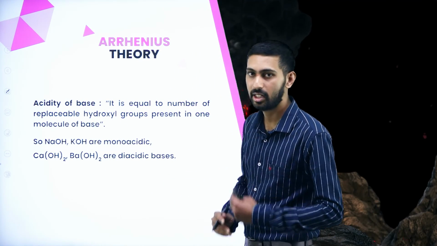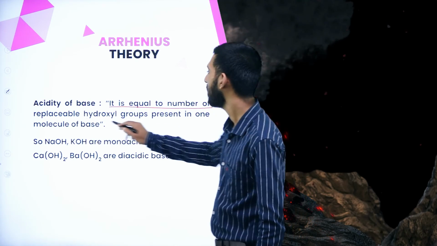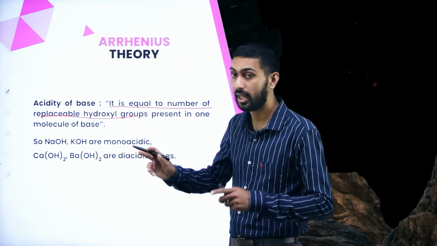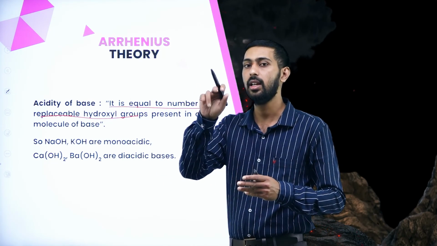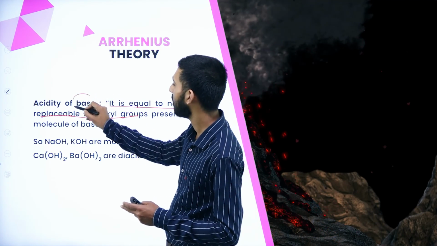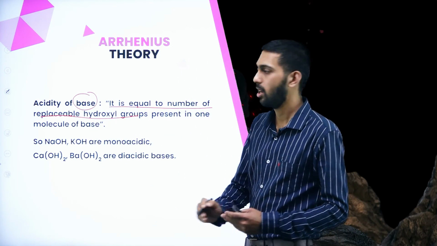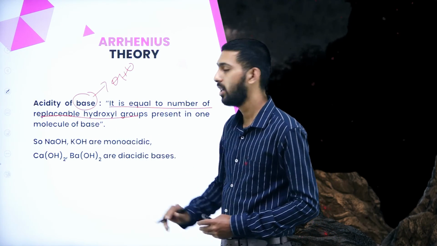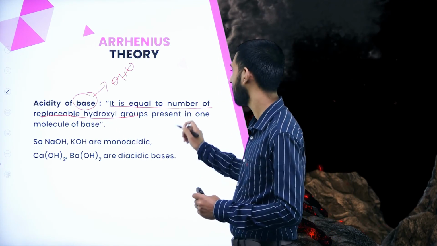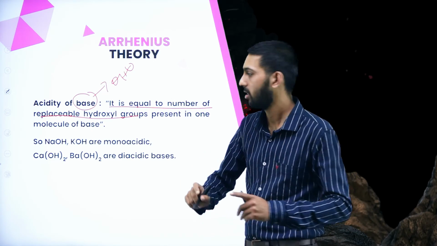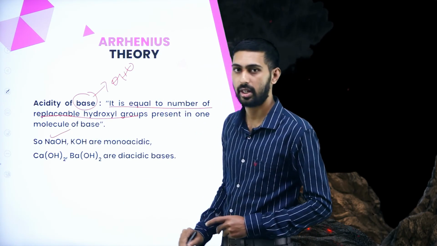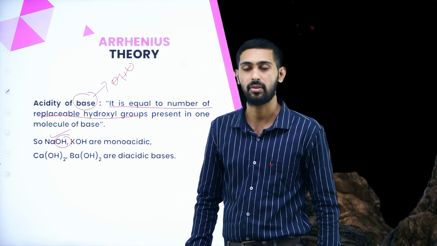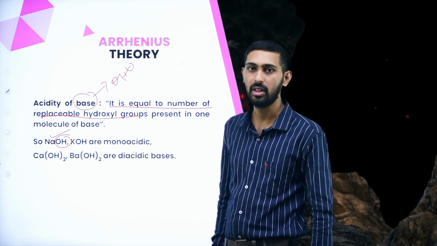Acidity of the base is equal to the number of replaceable hydroxyl groups present in one molecule of the base. Base means we should have OH- ion, so I have taken replaceable hydroxyl groups. Example is sodium hydroxide: in one molecule of the base, one hydroxyl group is present. That is known as acidity of the base.